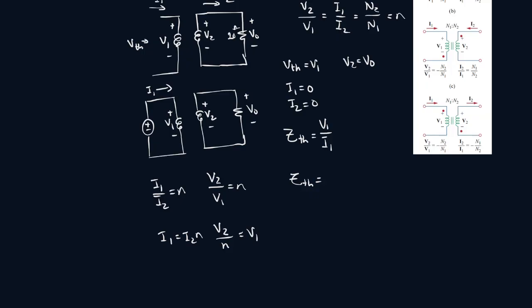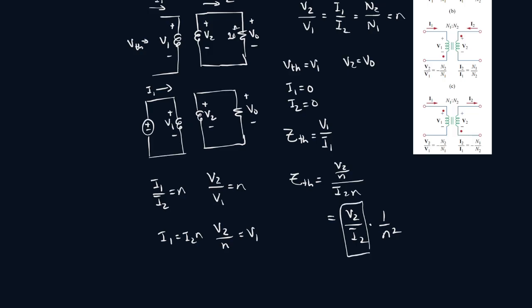Z Thevenin is V2 over N all over I2 times N, which is just V2 over I2 times 1 over N squared.